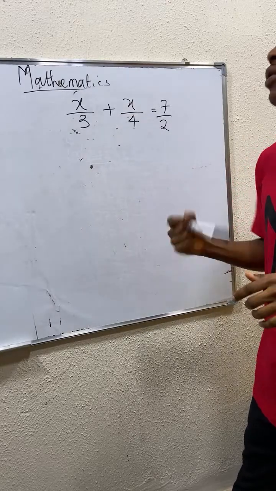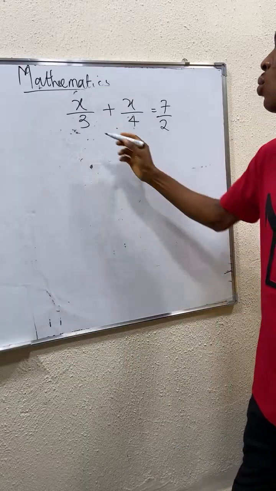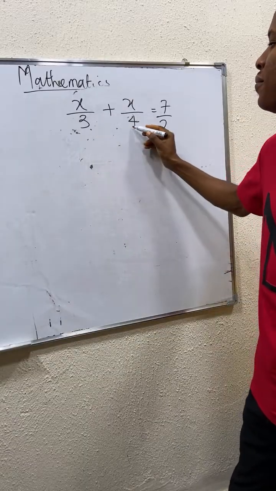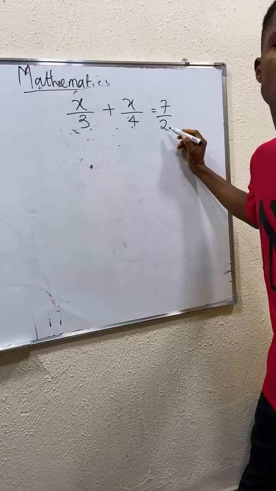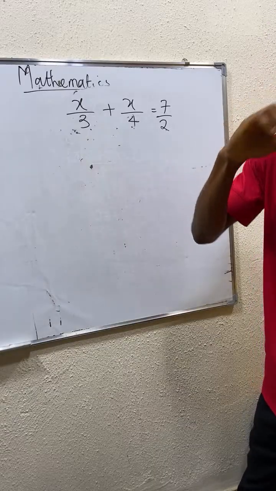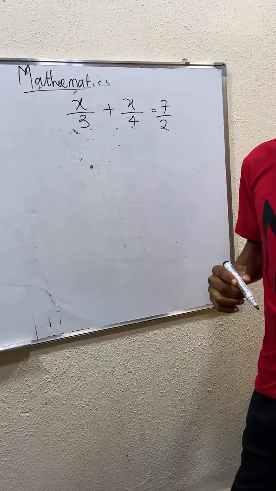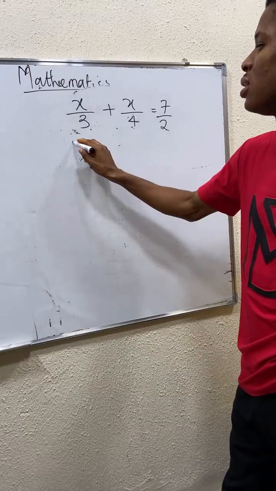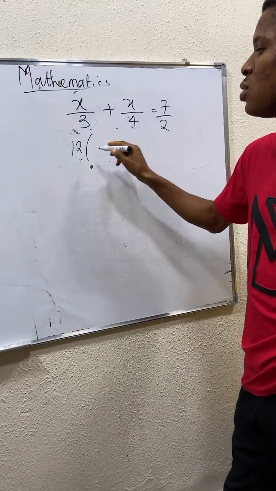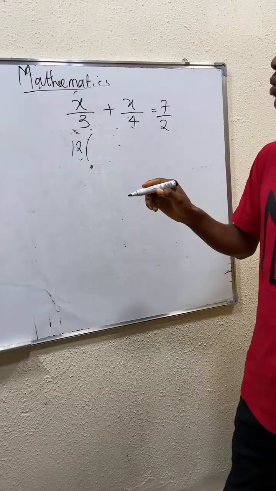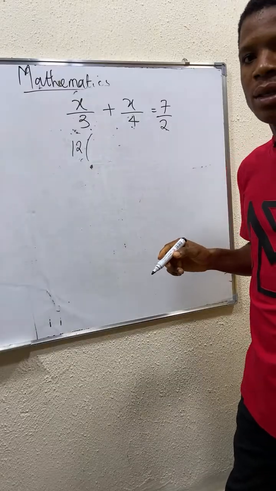Yes. So for us to get such a value, we look at the LCM of 3, 4, and 2. And what's the LCM? The LCM is 12, the lowest common multiple. So here we are multiplying 12 to all the terms in the equation.